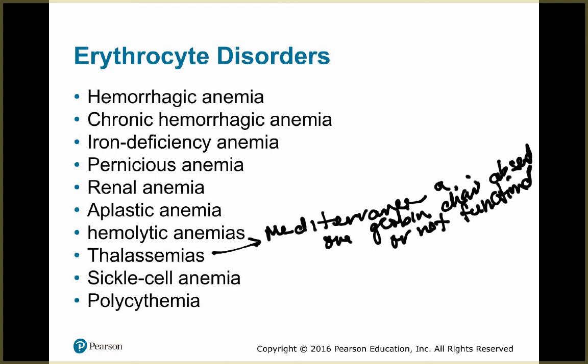Here, you're going to notice that the red blood cells are very thin, delicate, and deficient in hemoglobin. The severity of this is very varied. In severe cases, you can get monthly blood transfusions.